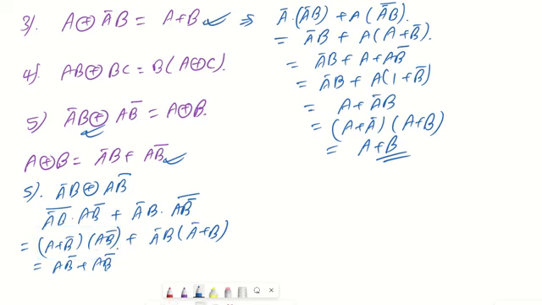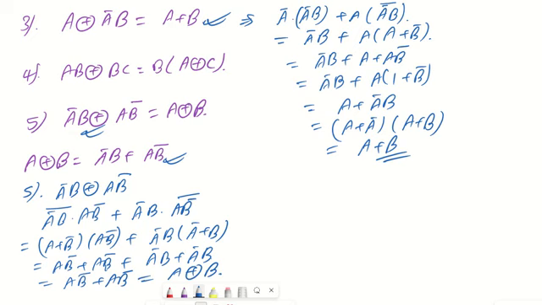Now another one we are going to get is A bar B plus A bar B. So redundant terms are there, you can get rid of them and simply write it as A B bar plus A bar B, since two copies are there, so we can write one. And this is nothing but A XOR B. So it means A XOR A bar B XOR A B bar is equal to A XOR B. Understood? You can prove the fourth one by yourself.